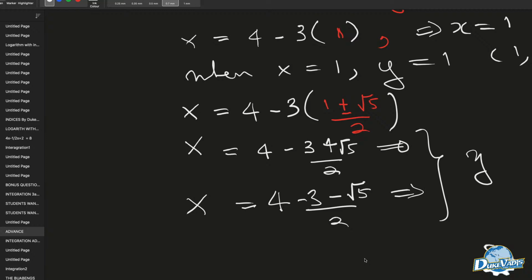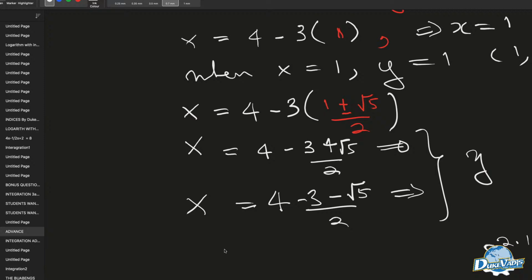Now, let's try and find the square root of 5. Let me take my calculator and do that. So the square root of 5 is roughly 2.1 something.